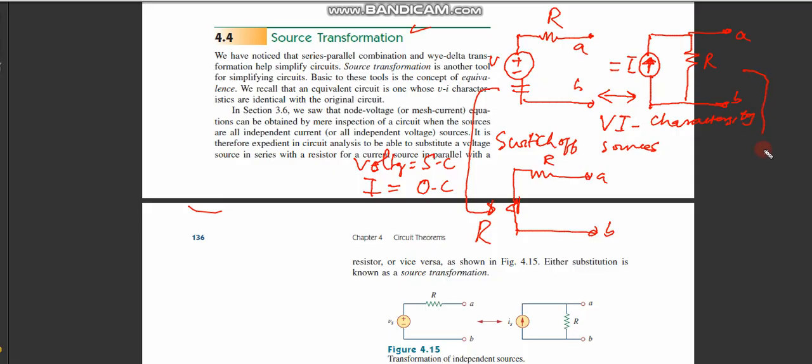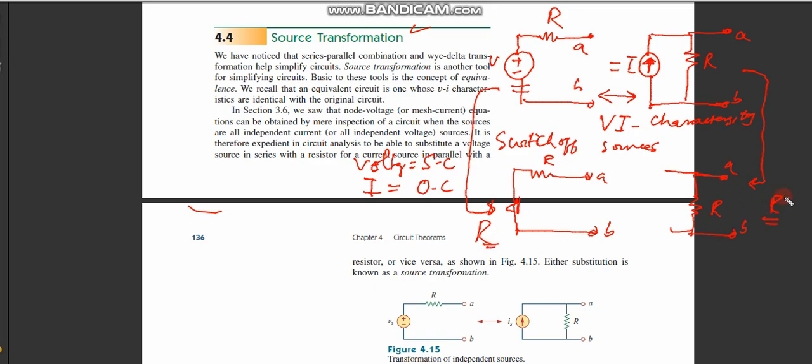Again, if we apply the same concept over here, we switch off the current source and make it open circuit. The only thing we are left with is this R. So the effective resistance between A and B is again R. R over here, R over here.